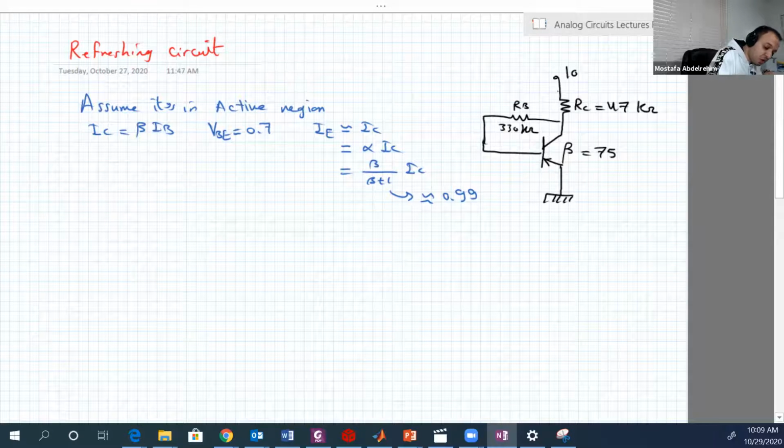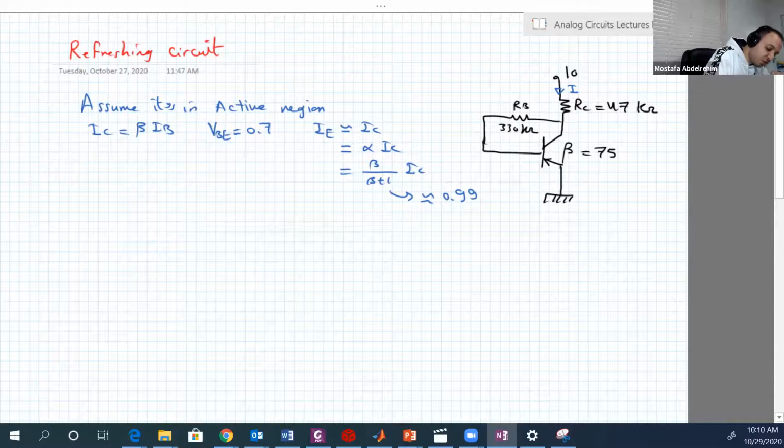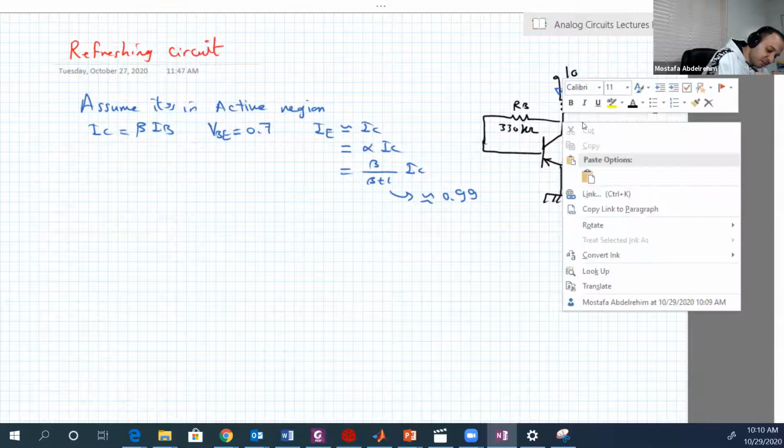Okay, so let's call this current I. And I want to solve this because of this observation. Usually we show that IC flows in RC, which is the resistor connected to the collector.